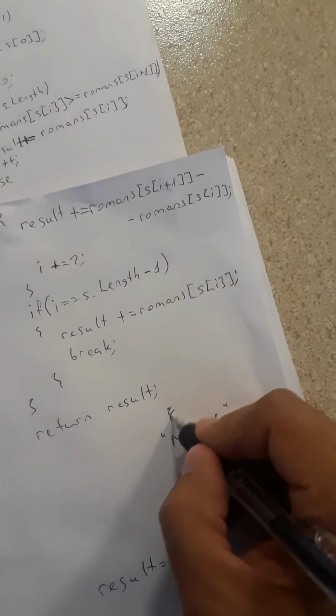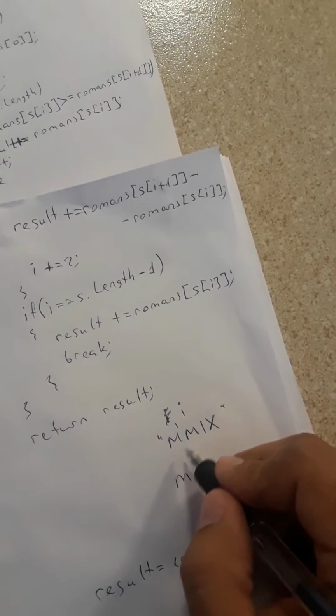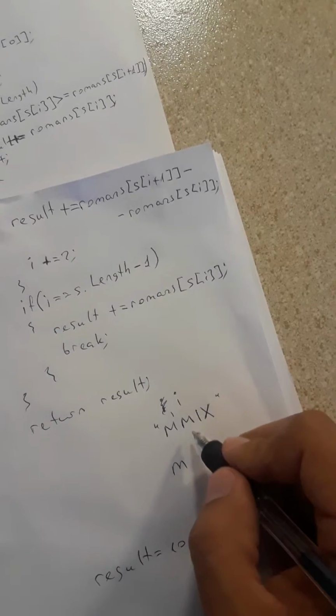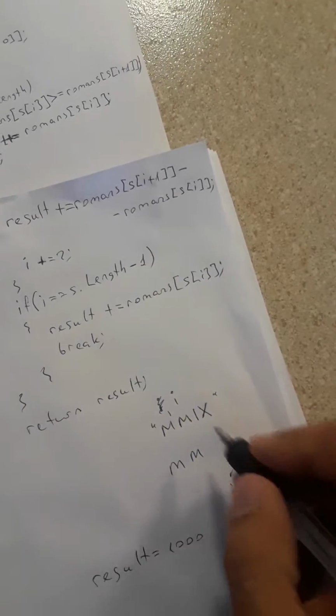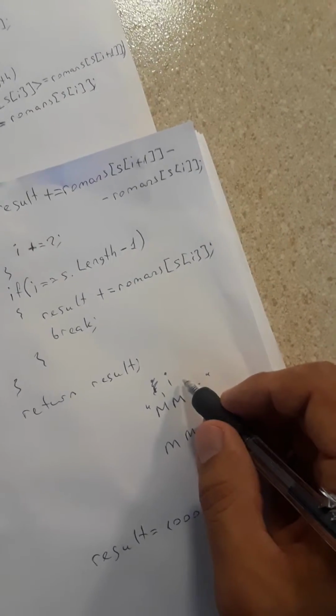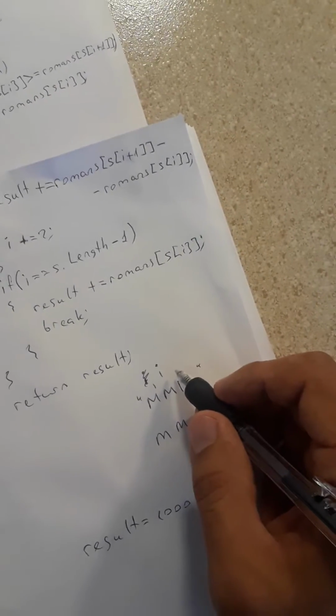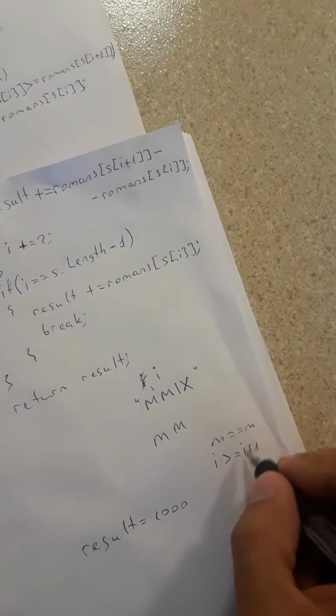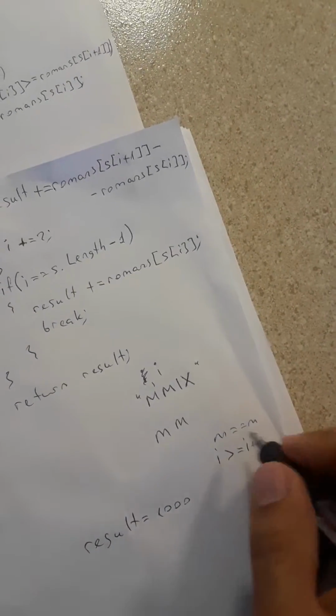After that, we go to the next element in our string, which is also M, and check if it's greater or equal to the next one.